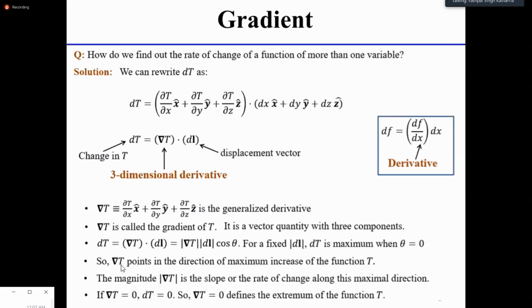So del t points in the direction of maximum increase of function t with respect to l. As you increase dl, the maximum change in dt happens in the direction of del t.